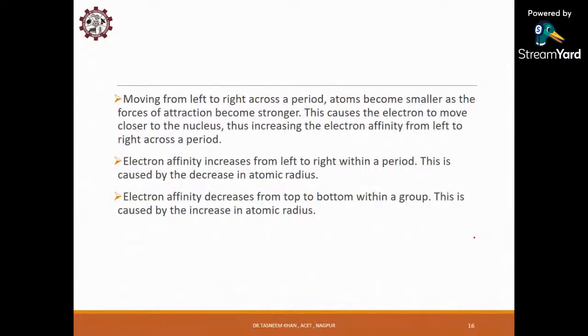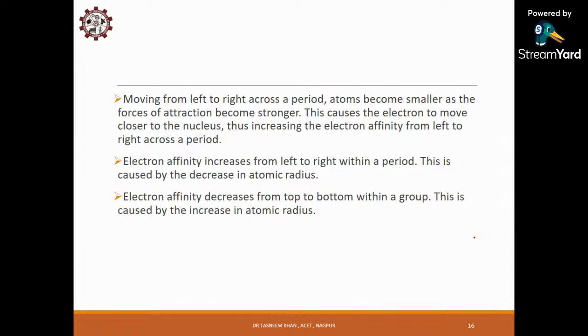Moving from left to right across a period, the atom becomes smaller and smaller, so the force of attraction is also stronger. This causes the electron to move closer to the nucleus, thus increasing the electron affinity from left to right across a period. Vice versa will be there when you move from top to bottom.